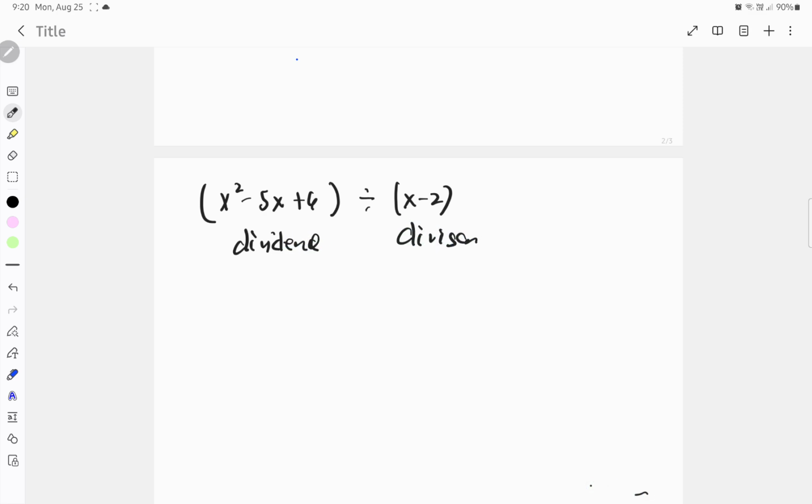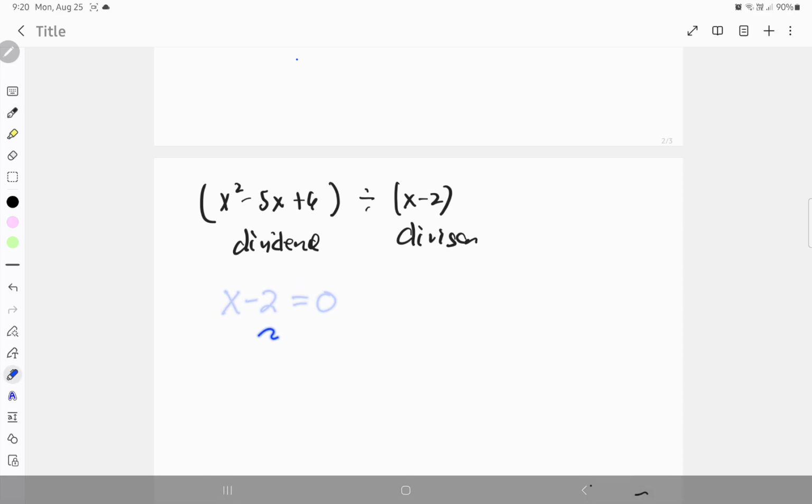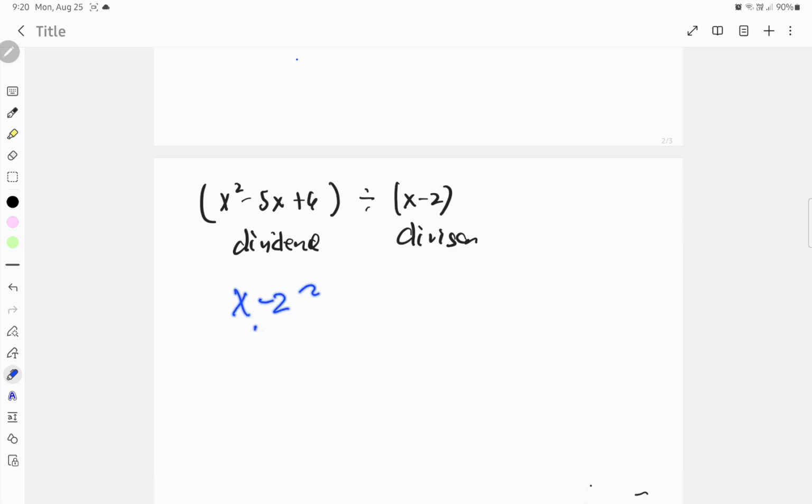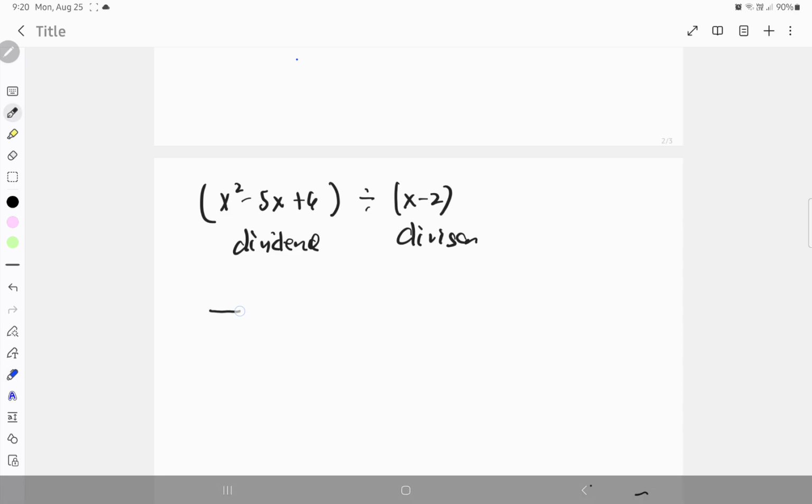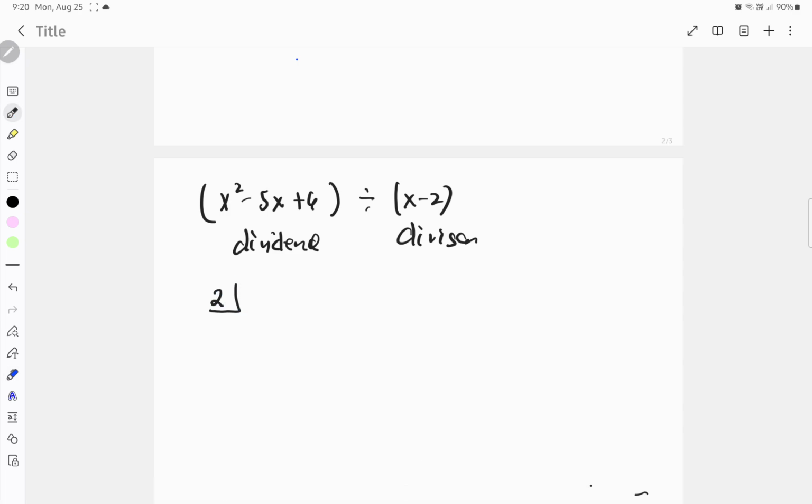Now, from your divisor, which is x minus 2, you equate that to 0 and find the value of x. So, x minus 2 is equal to 0, plus 2 on both sides. So, the answer would be 2. So, your synthetic divisor is 2. Now, you need to write your synthetic divisor here as 2.